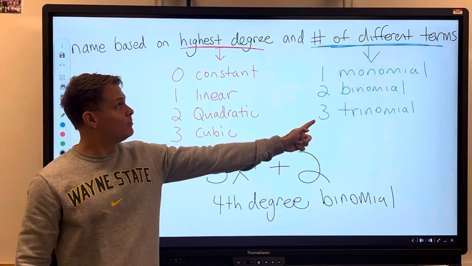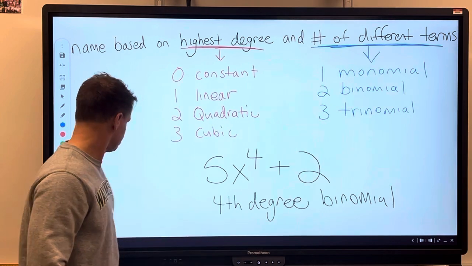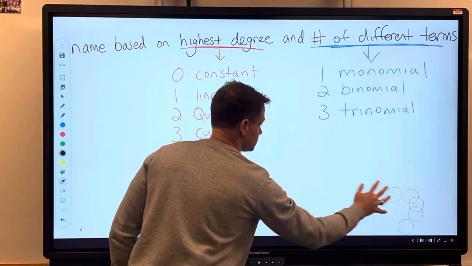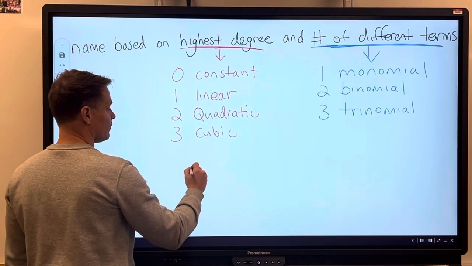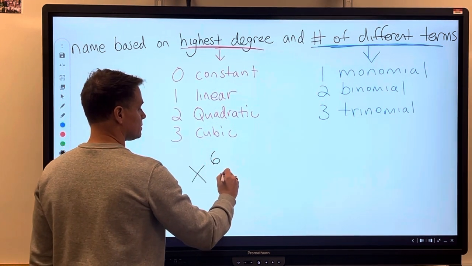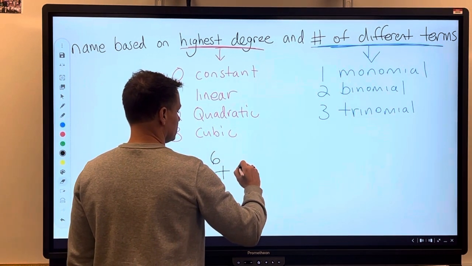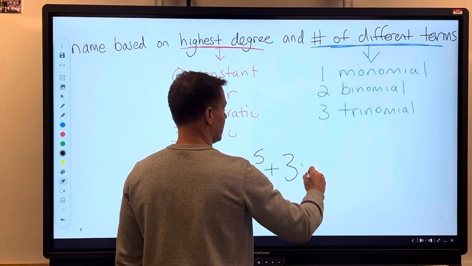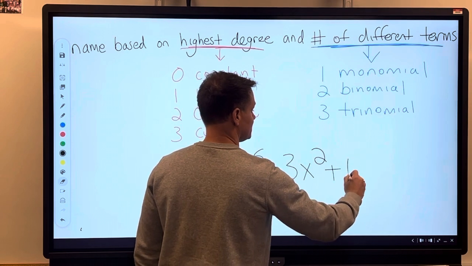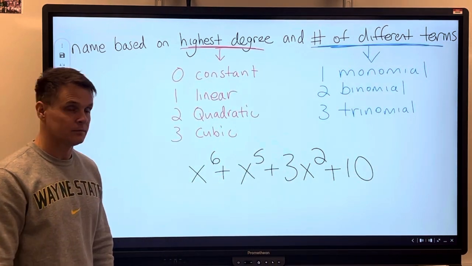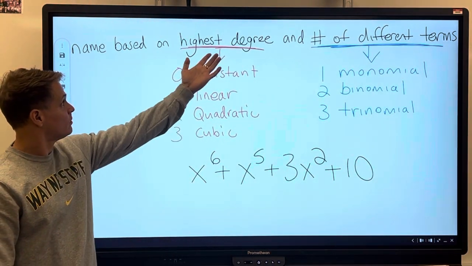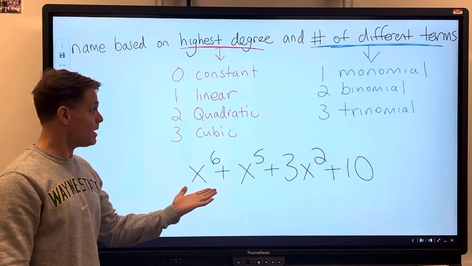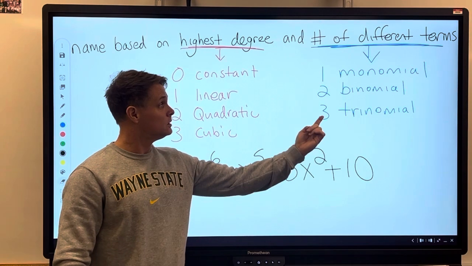Now, what if there's more than 3 terms? Let's say we have x to the 6th plus x to the 5th plus 3x squared plus 10. Here we have a higher degree than 3, 6, and then we have more terms than 3.